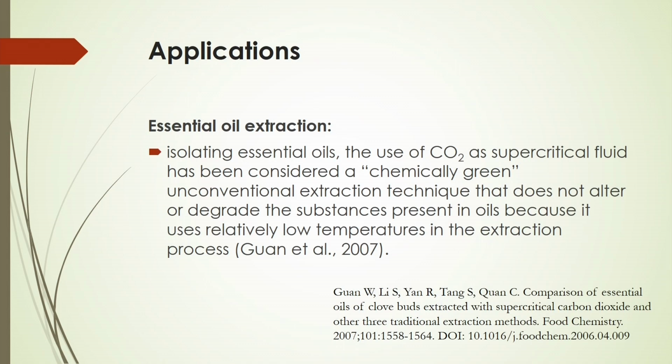Now, let us consider some applications of supercritical extraction, like if you want to extract some essential oil. In isolating essential oils, the use of carbon dioxide as a supercritical fluid is generally considered a chemically green solvent, and it is an unconventional extraction technique that does not alter or degrade the substances present in oils, because it uses relatively low temperature in the extraction process.